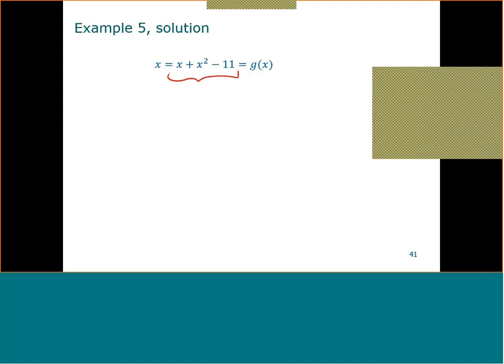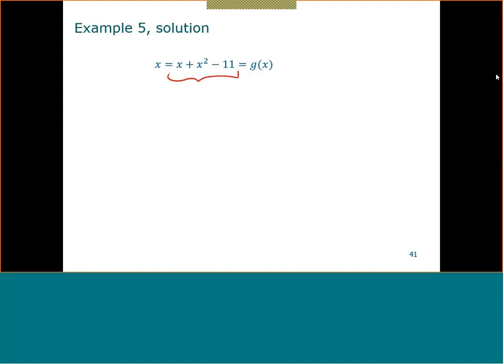Now let's go back here and see this question. So this is my g of x. I will find x1, which is equal to 3 plus 3 squared minus 11. This is equal to 1. Not bad. x2 now will equal 1 plus 1 squared minus 11, which is equal to minus 9.